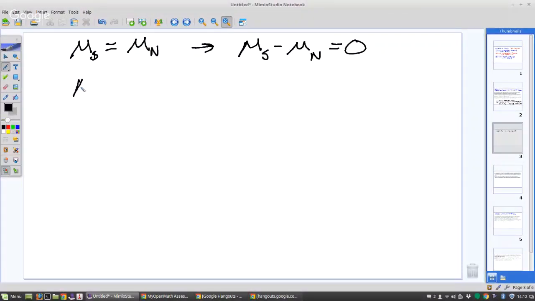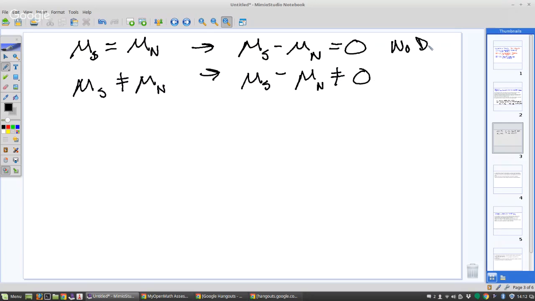And then the other hypothesis was that they were different, not equal. So an alternate way to write that would be mu s minus mu n. So average leniency for smilers versus average leniency for people who remain neutral is not 0. So this is no different. And these are different.